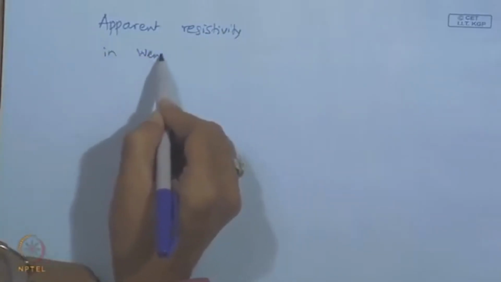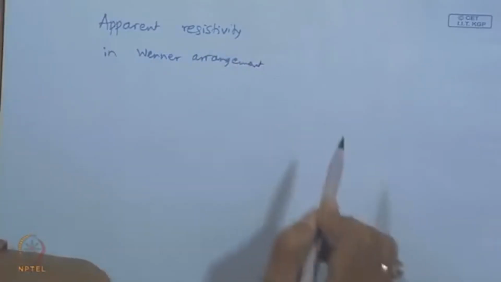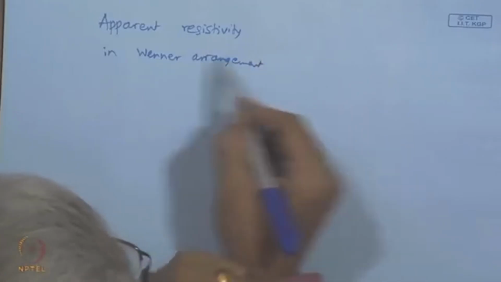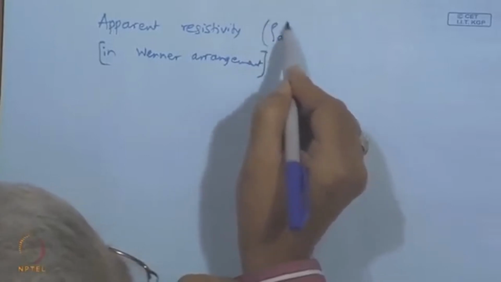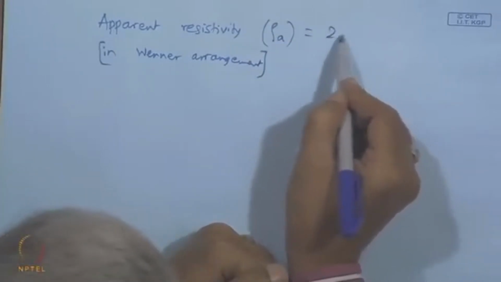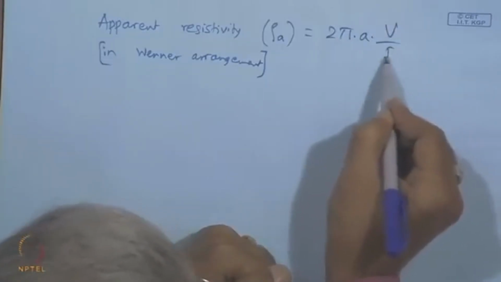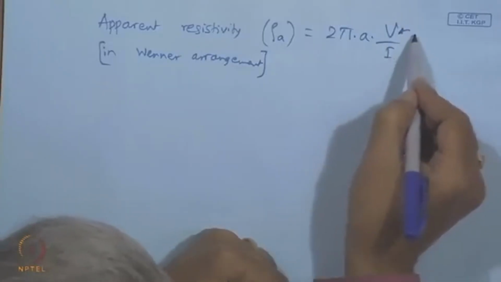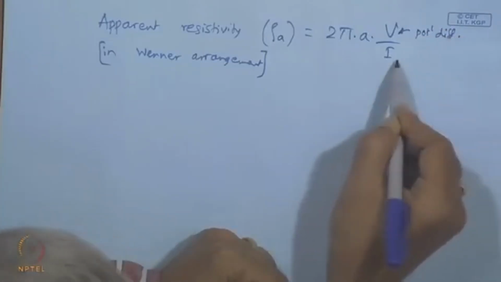It is given by rho A, which is 2 pi A V by I, where V is the voltmeter reading or the potential difference, and I is the current.